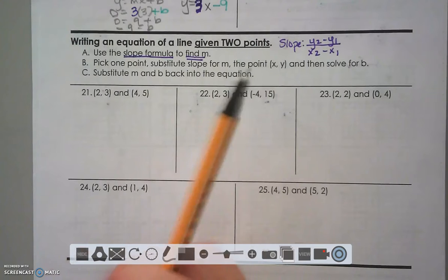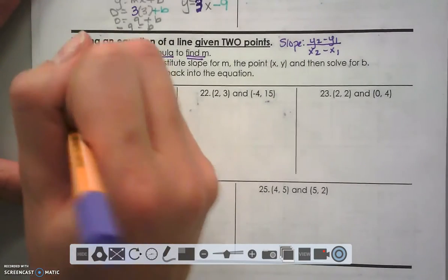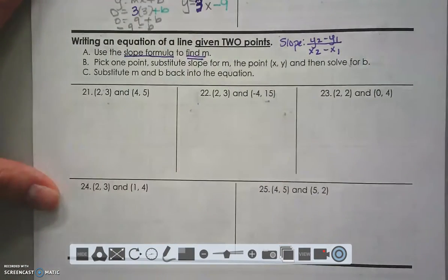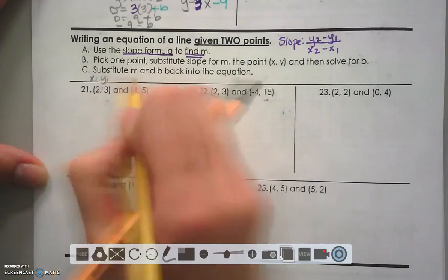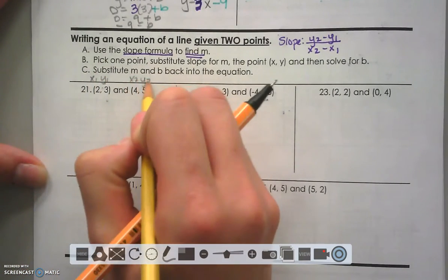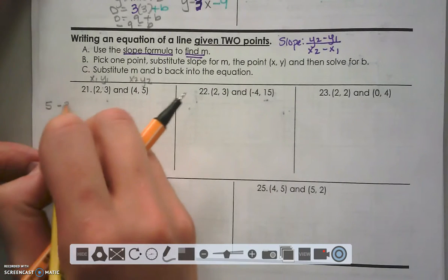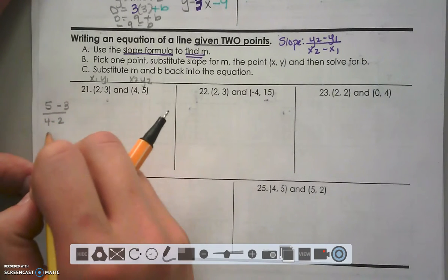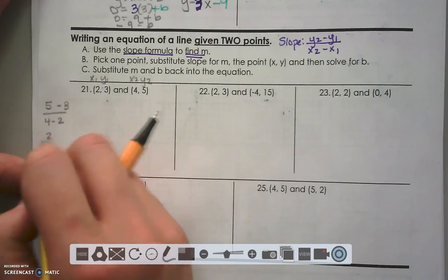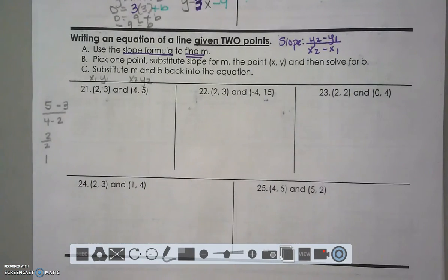We'll pick a point and do exactly what we did back up top. Okay? So off to the side here, I'm going to label this, just so we remember, this is x1 and y1, x2 and y2. So we'll say 5 minus 3 all over 4 minus 2. That's going to give us 2 over 2, which is 1. So my slope is 1.